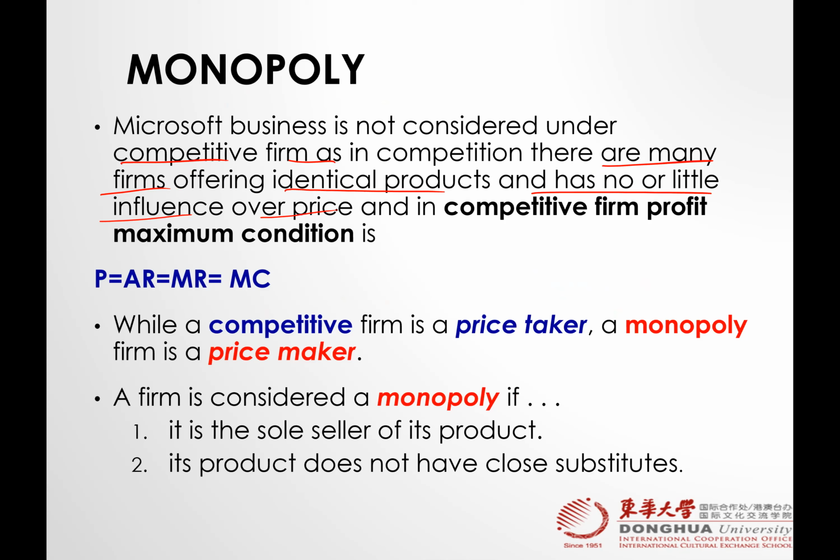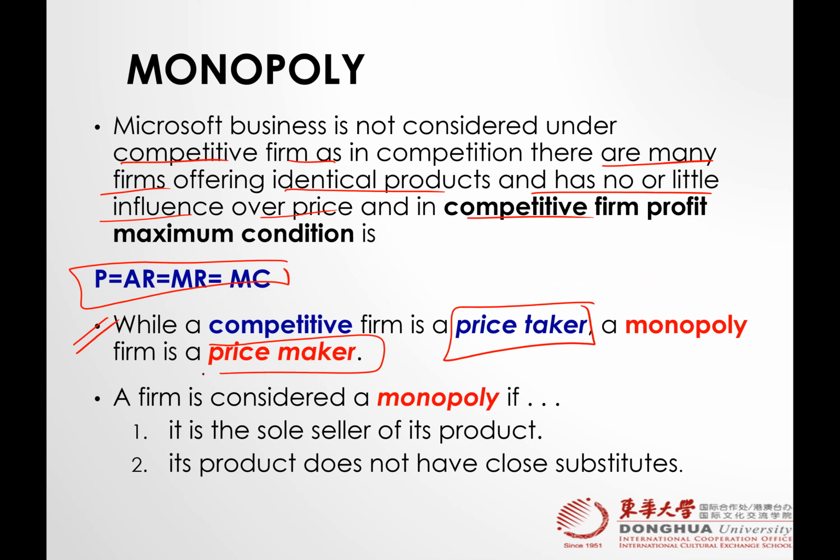But this is a monopoly, right? We know that a competitive firm's profit maximizing condition is price equals AR equals MR equals MC. So the tagline is that while a competitive firm is a price taker, the monopoly firm is a price maker because it has control over price.